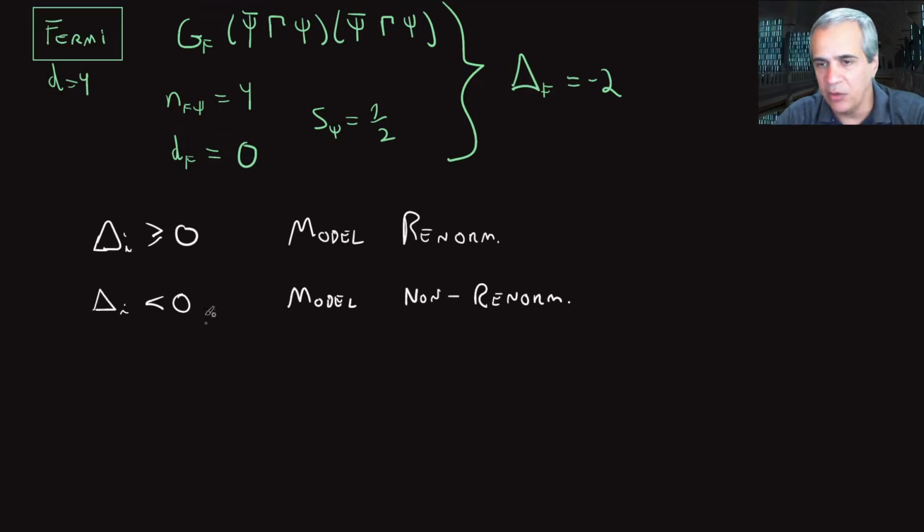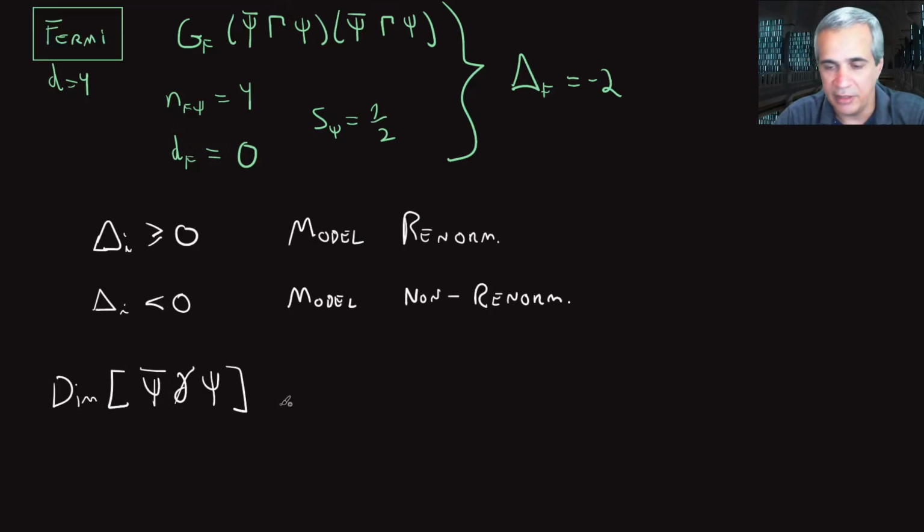So let's take a look at the dimensions of fermionic and vector fields in d dimensions. Right? So I can get that, as I did for the scalar field, by looking at their kinetic terms. So if I look at the dimension of psi bar del slash psi, which needs to be d, because every term in the Lagrangian has to have dimension d, I can figure out what's the dimension of psi.